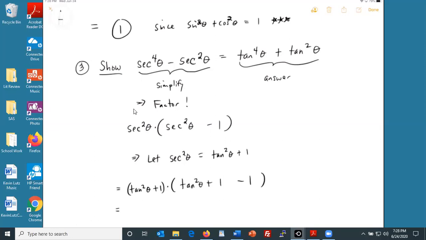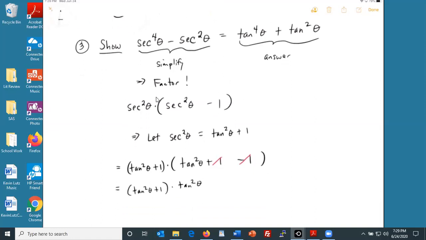And the ones in the second parentheses cancel. So let's clean this up. So now we have tangent squared of theta plus 1 times the tangent squared in the second parentheses. And since there's only the tangent squared there, I really don't need parentheses anymore. So I can leave the second term without parentheses.